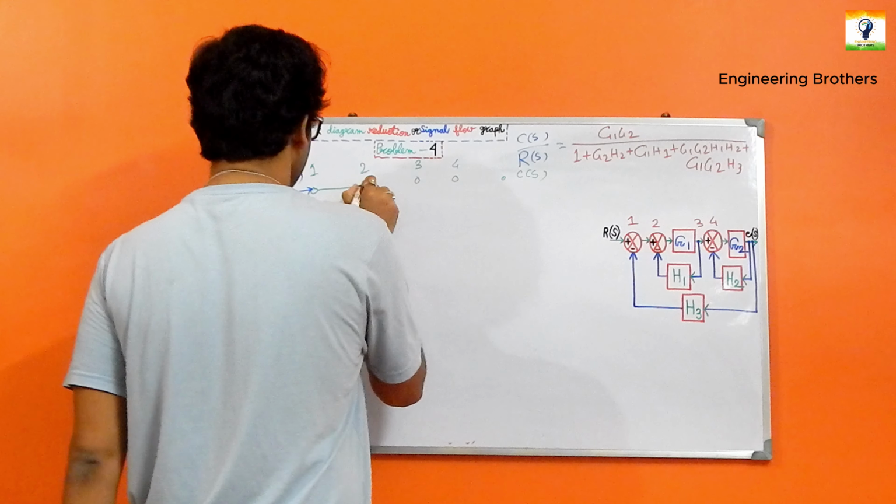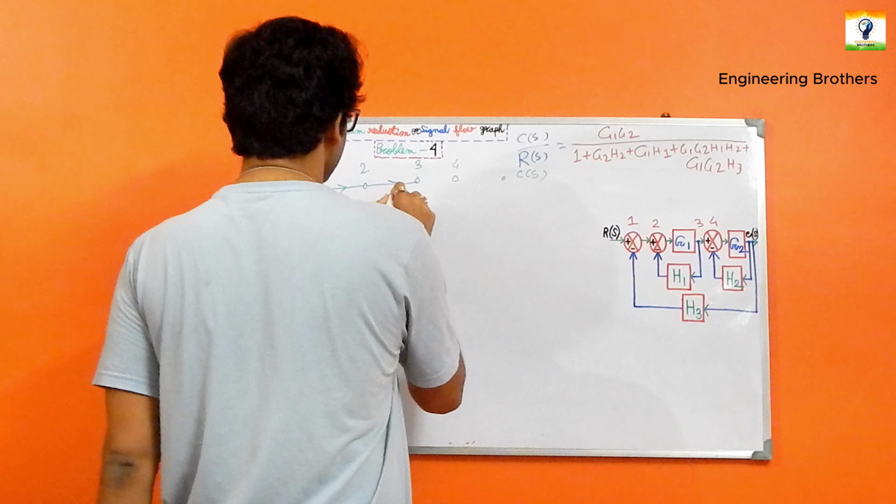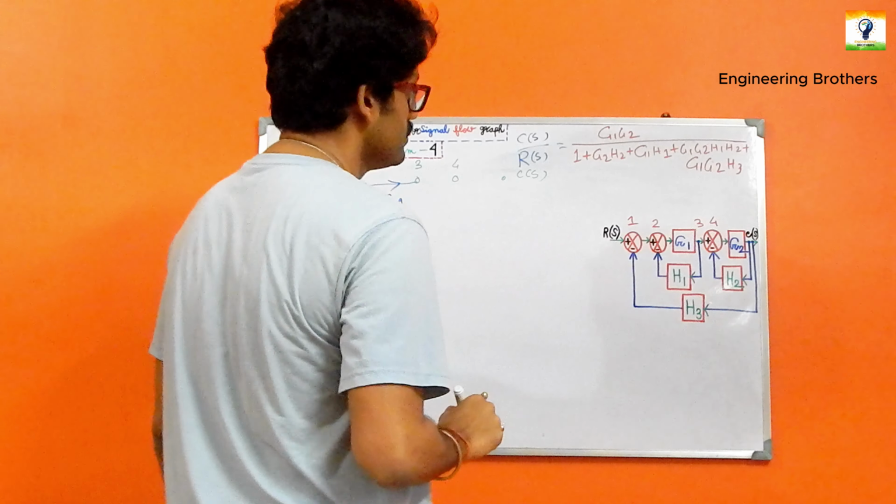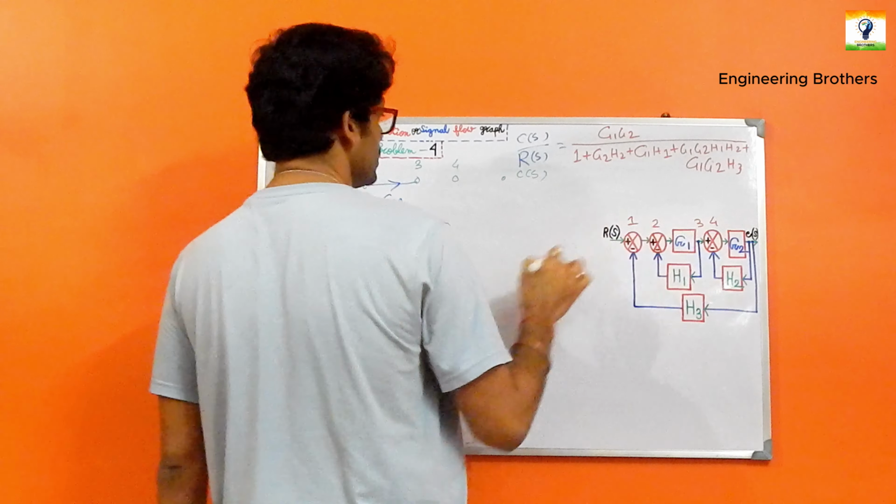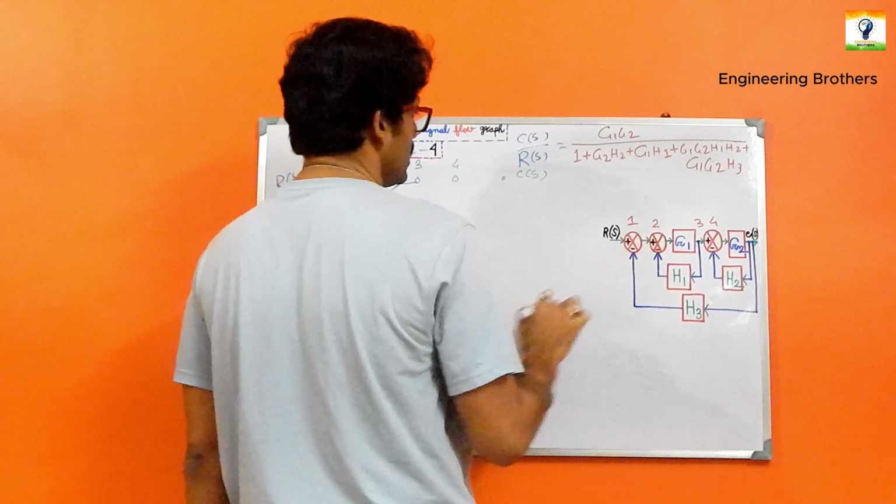In between 2 and 3, we have the gain G1. In between 3 and 4, once again nothing is mentioned, so the gain for this will be 1. And in between 4 and C(s), we have the gain G2.